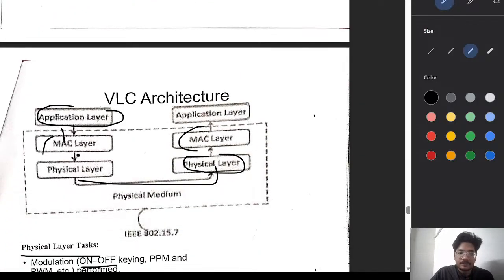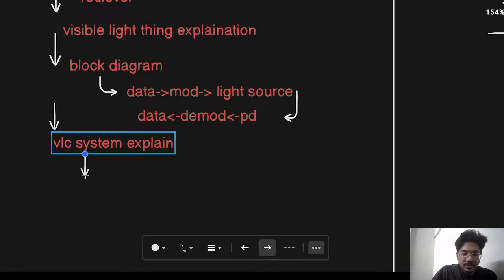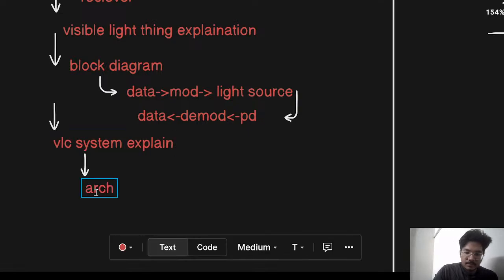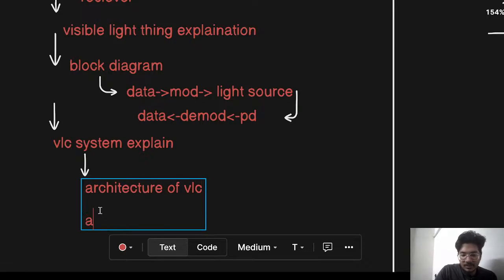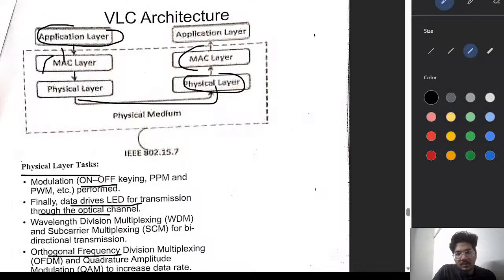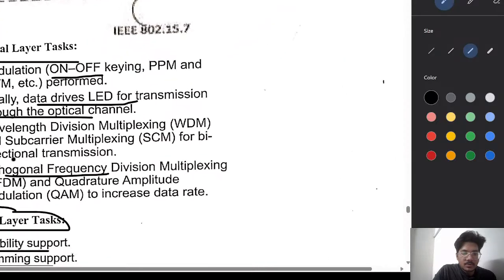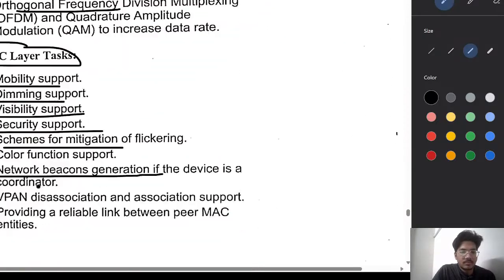Understand the VLC architecture: the application layer, MAC layer and the physical layer, with a proper explanation of each, and the task of the physical layer and MAC layer.